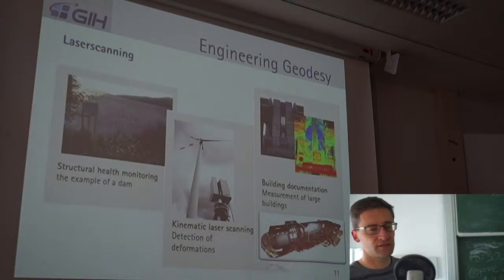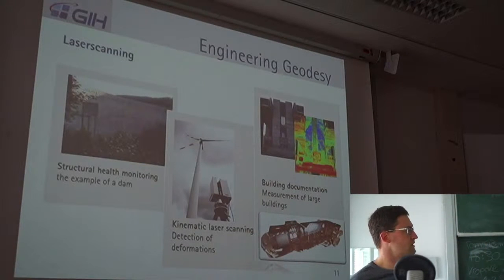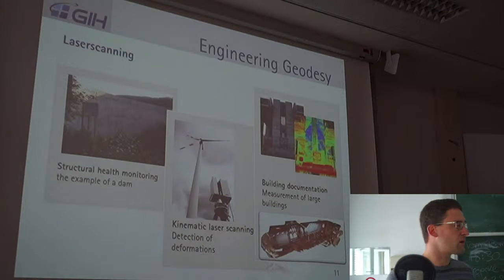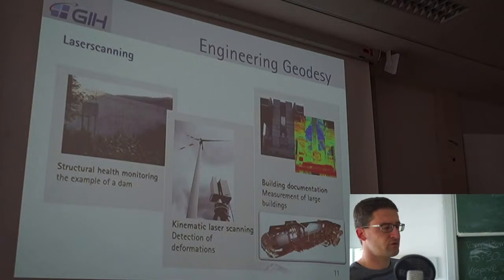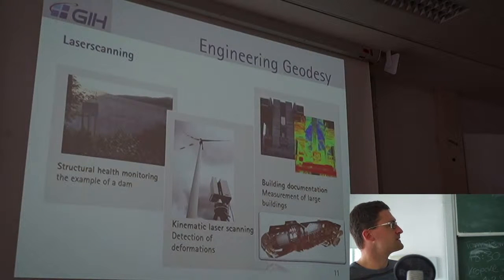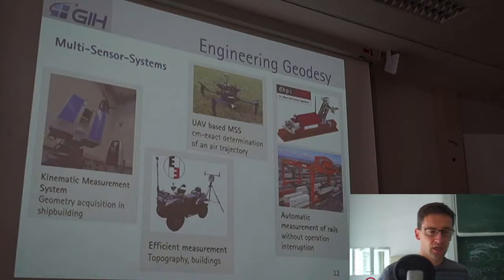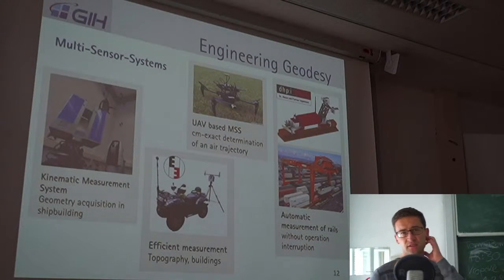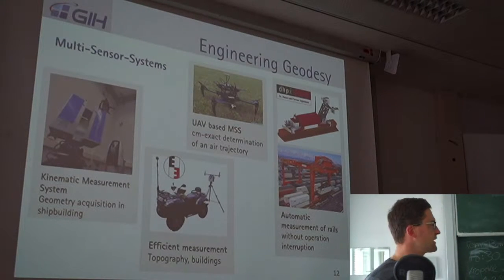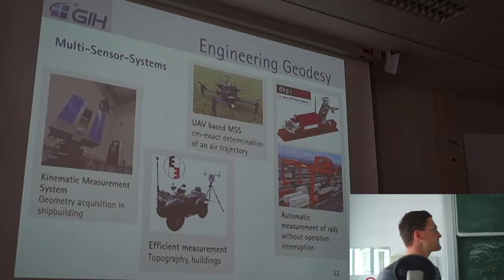Here you have a nice 3D object model. This is also one part of what we do for the industry. For example, ships and planes are mapped and checked for quality. And I mentioned the sensor by itself, which is the laser scanner. It goes more in the direction of multi-sensor systems.